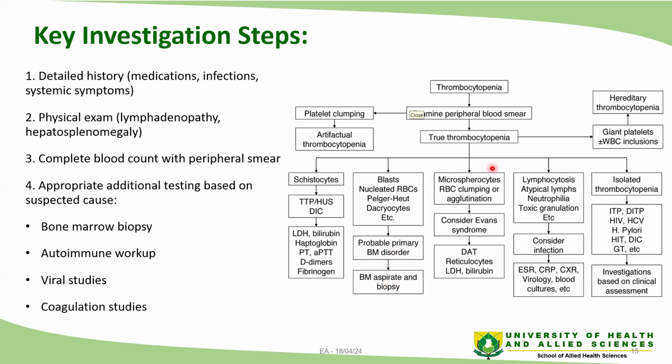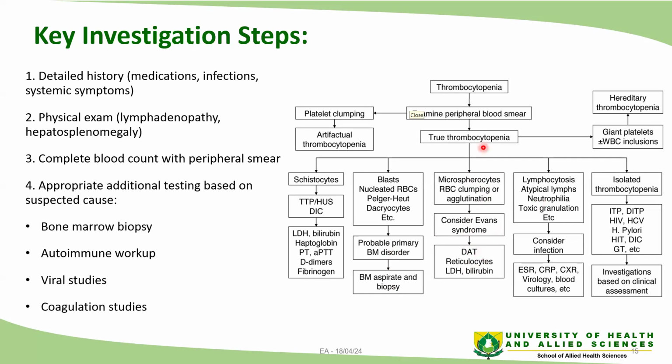Now, if you happen to come across microspherocytes with RBC clumping or agglutination, then you could consider Evans syndrome. In that case, if you run your direct antiglobulin test, reticulocytes, LDH, and bilirubin, it would help you to confirm the diagnosis.